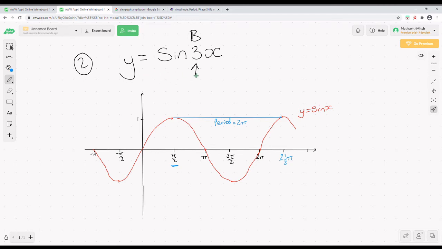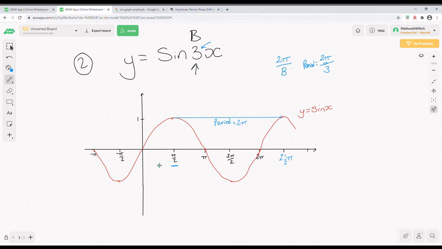So for our example here, y equals sine 3x. For the period of any transformation, the normal period is 2 pi, and you're going to divide that by the coefficient b, which in our example is 3. So we're going to do 2 pi divided by 3, and that will be our new period for the graph.